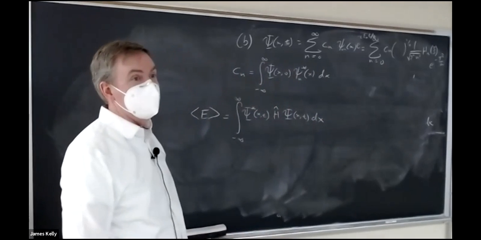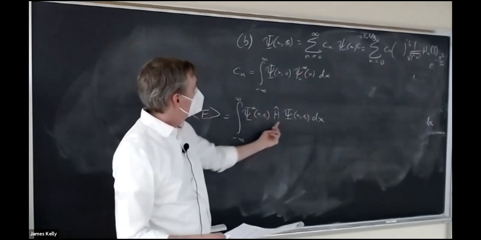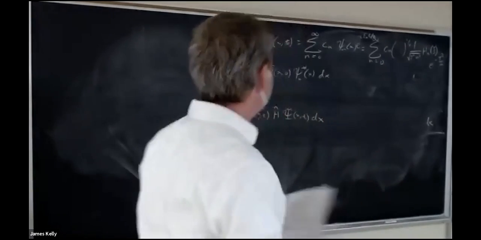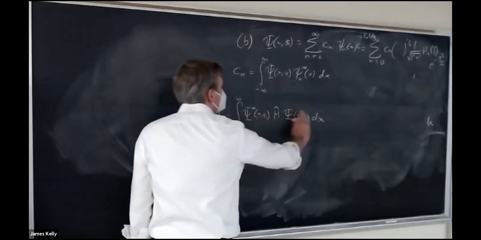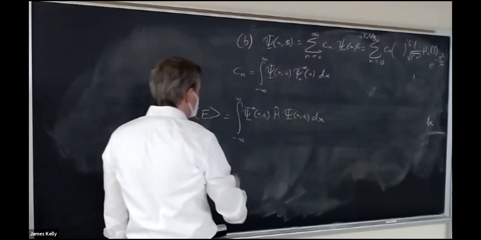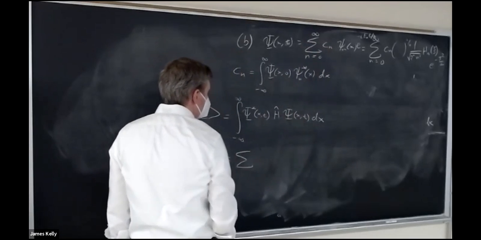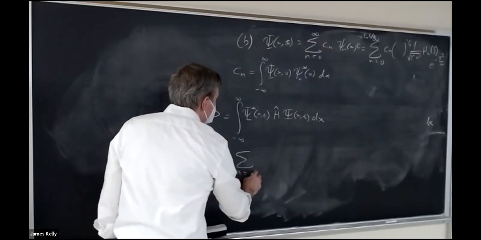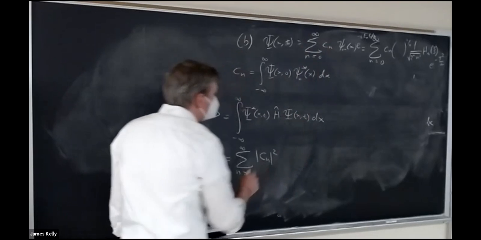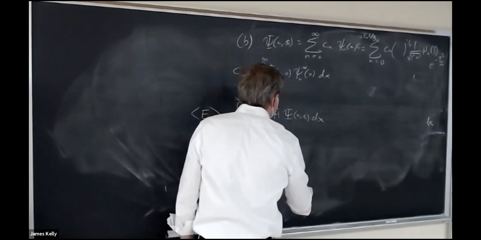And that's going to be a huge mess, right? Psi by itself is a huge mess. There it is up there. And I've got to put a psi star in there and sandwich that. Oh, God, I don't want to do that. But we already showed there's an easier way. If you work out the details and use the fact that H times lowercase psi equals E times lowercase psi, we showed already in one of the previous worksheets that this can be written as the sum from 0 to infinity of the magnitude of Cn squared, Griffiths tells us these are probabilities, times En.